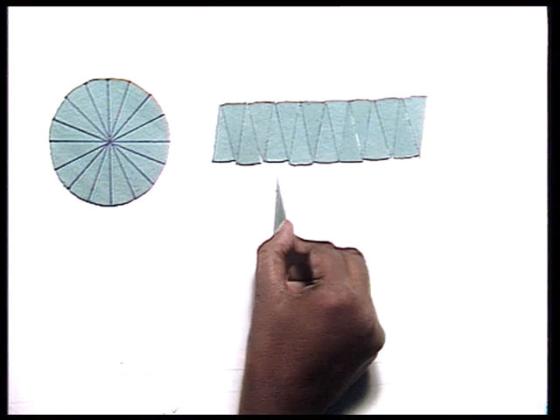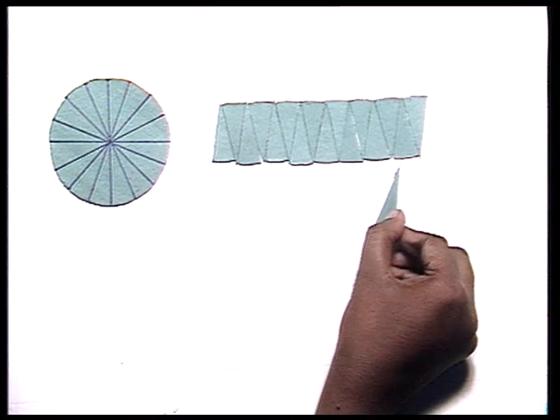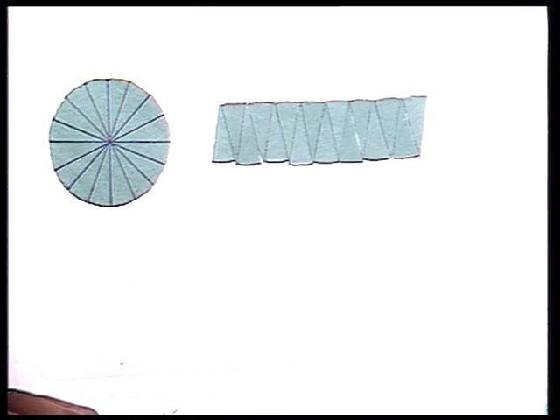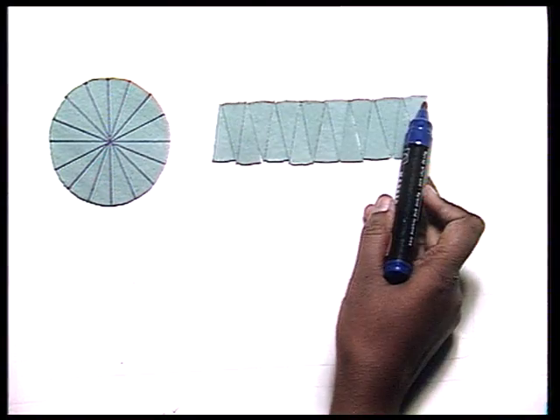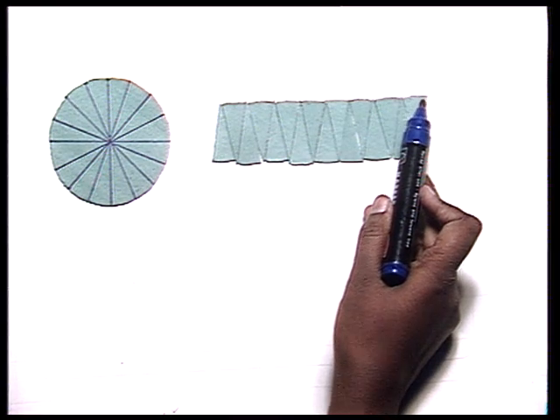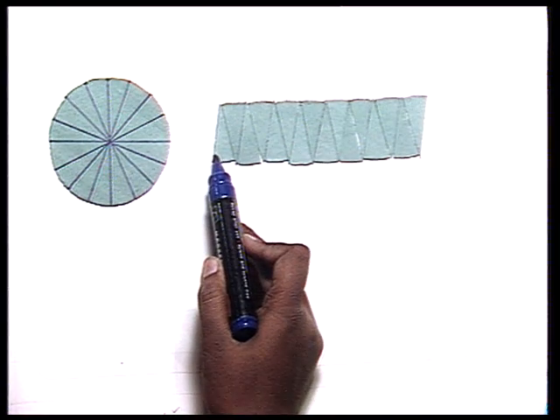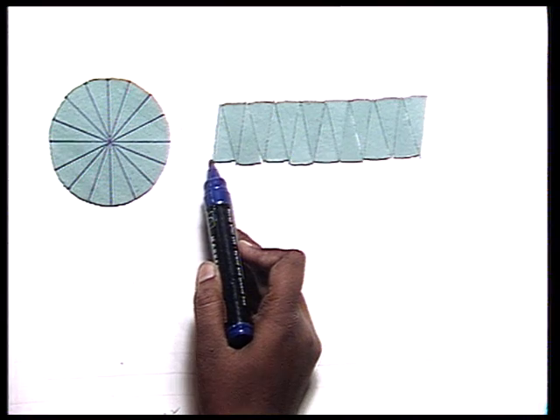This is nearly a rectangle, but it is not exactly a rectangle. But if the number of sectors is increased, then we almost get a rectangle whose length is nothing but half the circumference of the circle and whose breadth is the radius of the circle.